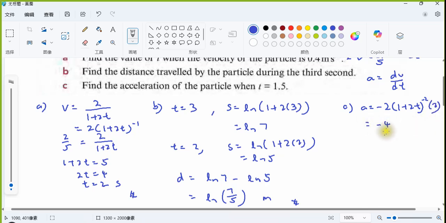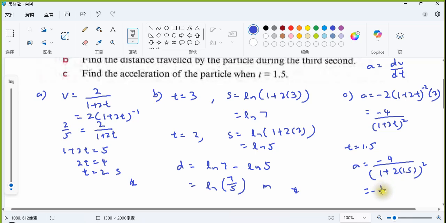So it's negative 4 over (1 plus 2t) squared. So when t equal to 1.5, a equal to negative 4 over (1 plus 2 times 1.5) squared, which is 4 squared. So it will become negative 1 over 4, which is negative 0.25 meter per second squared.